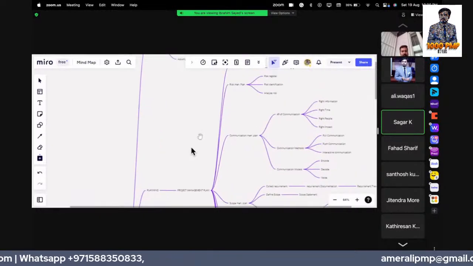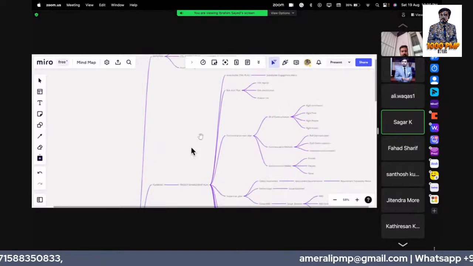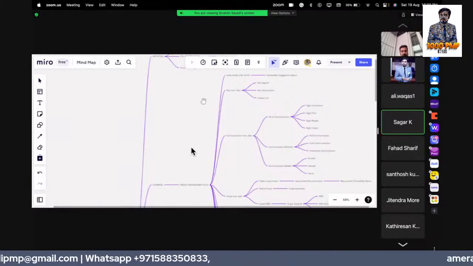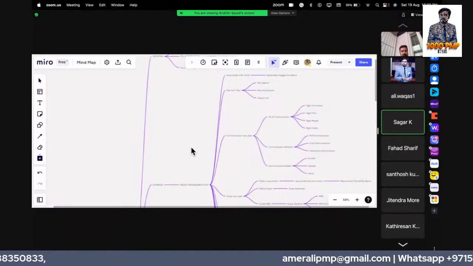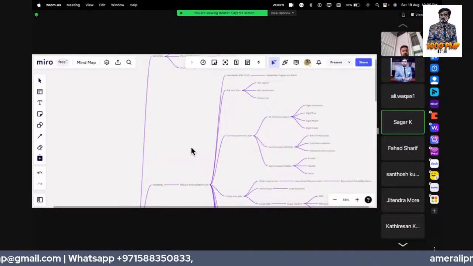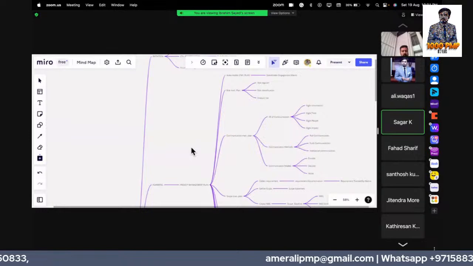In the project management plan, it starts with the integrated project management plan. By integrated project management plan, we mean that all the plans of all the knowledge areas, when combined and unified, become the integrated project management plan.